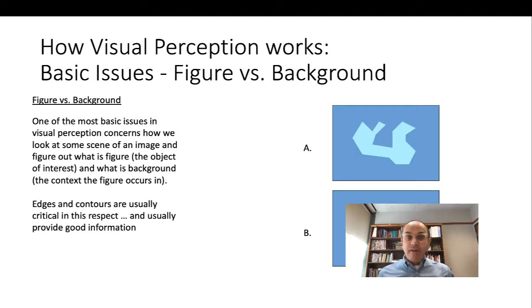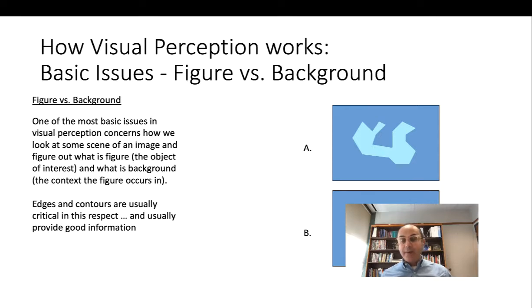The idea of visual perception works on figure versus background. One of the things that we will see examples of is figure versus background. One of the most basic issues is that the background matches the figure or the figure matches the background.